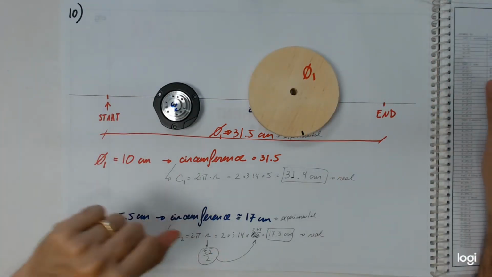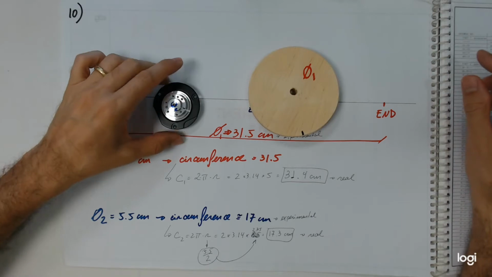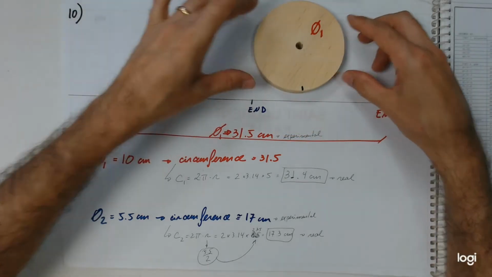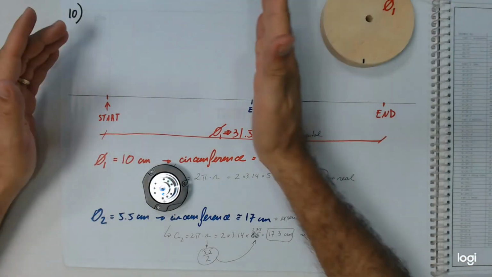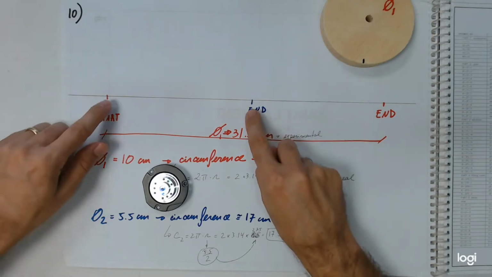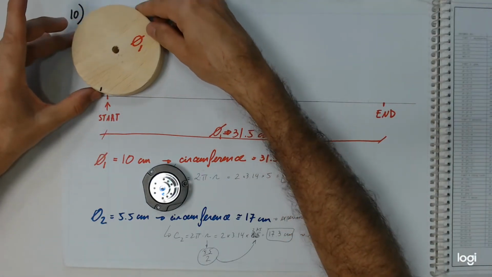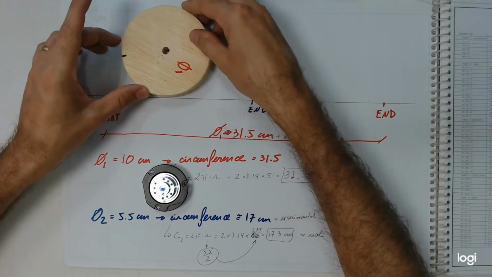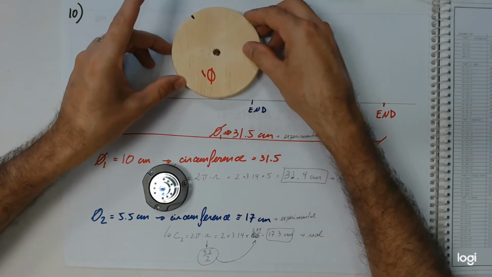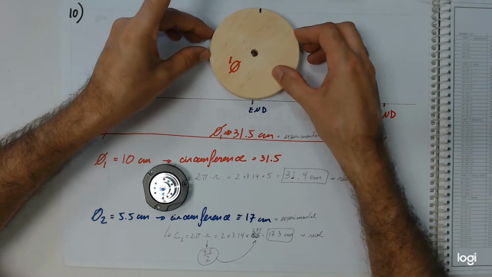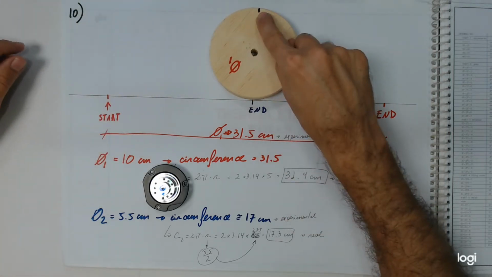The bigger the radius, the farther it goes. Or you can think the other way. If it has to go through the same distance, look, this one is going to turn basically half, right? It needs more.